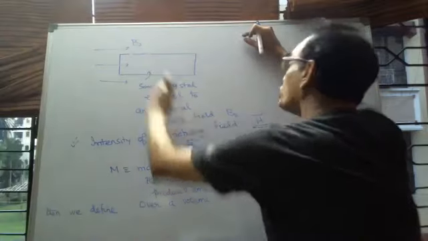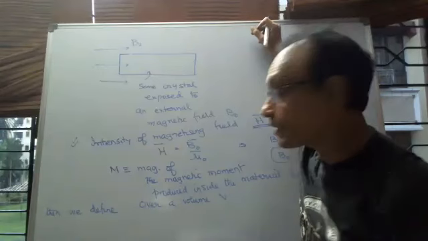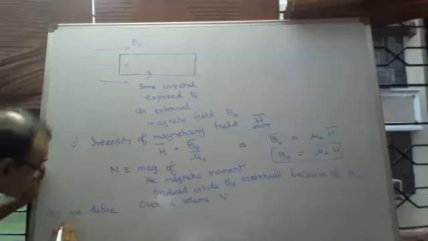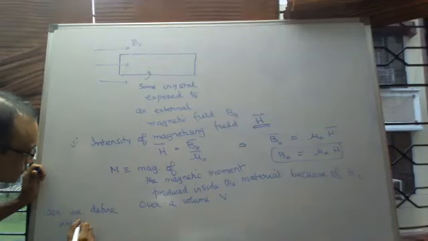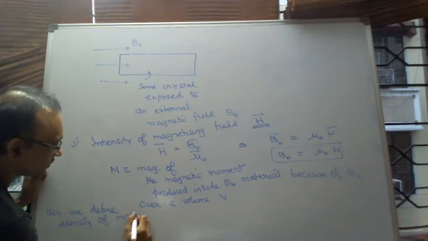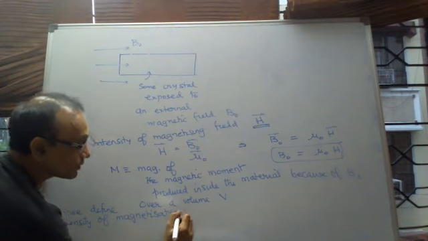अब वो magnetization is produced होगा ना because of B naught. So there will be magnetic moment produced inside the atoms. Right? Then we define intensity of magnetization. मतलब कितना magnetization produce हुआ?